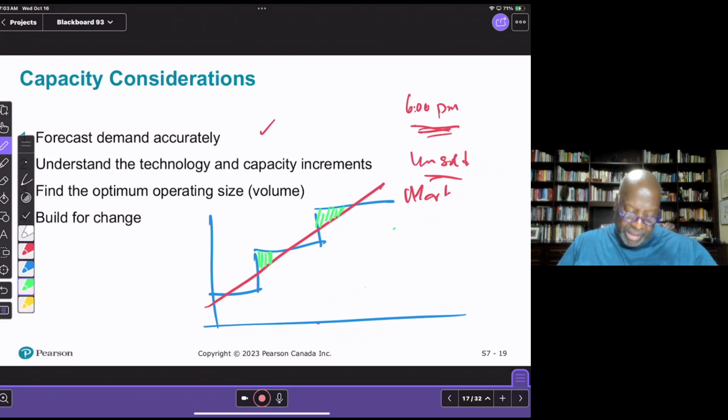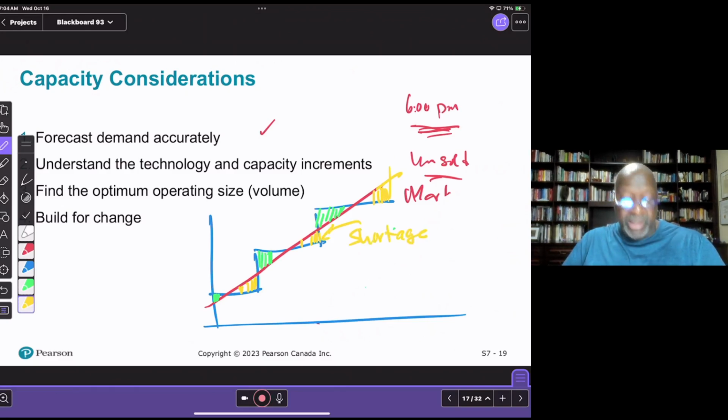Your capacity is in excess. But in this case right here, you now have less capacity than your demand. So some companies have a kind of wait-and-see attitude where they don't want to always be ahead of their capacity. So here is a shortage.